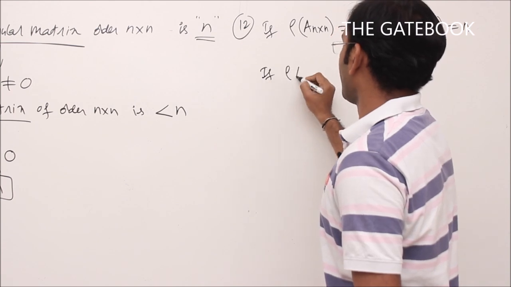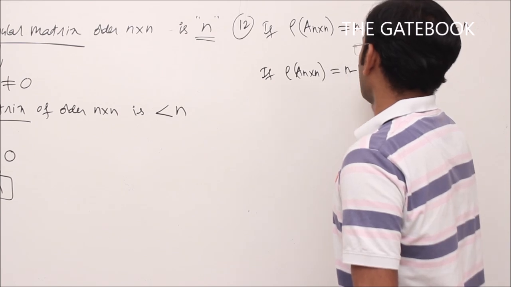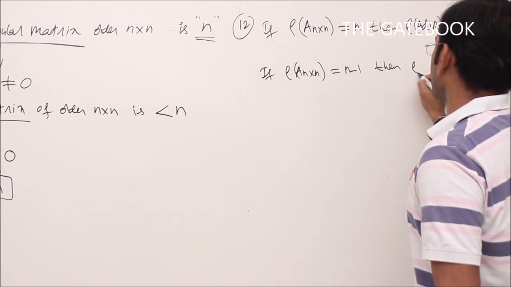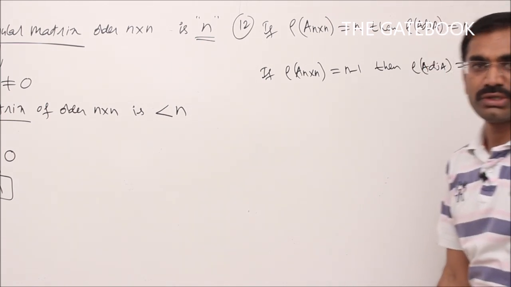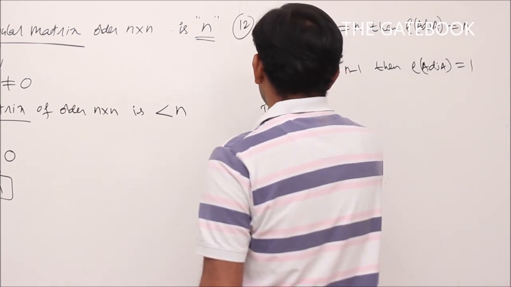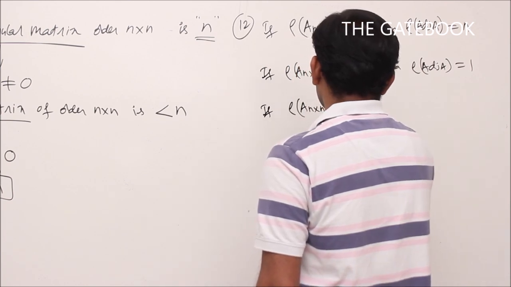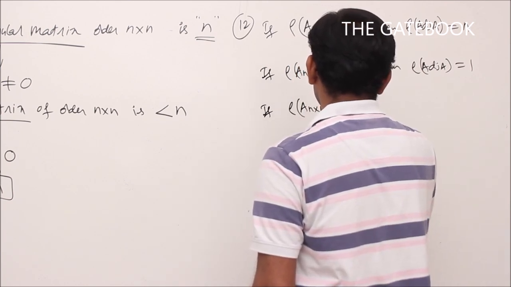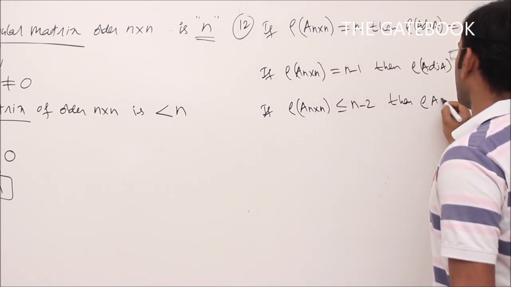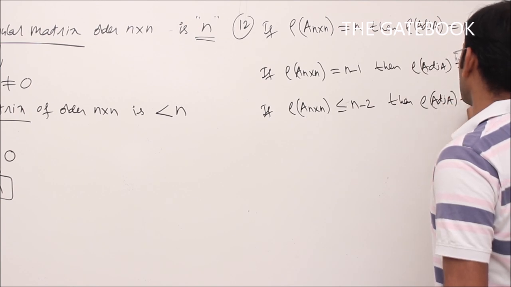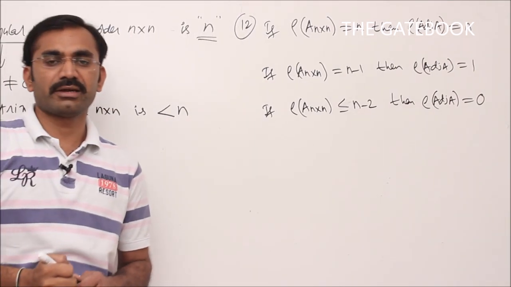Similarly, if rank of a matrix of order n by n is equal to n minus 1, then in that case rank of adjoint A is 1. Similarly, if rank of A of order n by n is less than or equal to n minus 2, then rank of adjoint A is 0. So, there are some important properties of rank of a matrix.